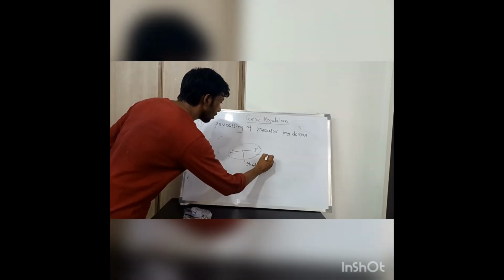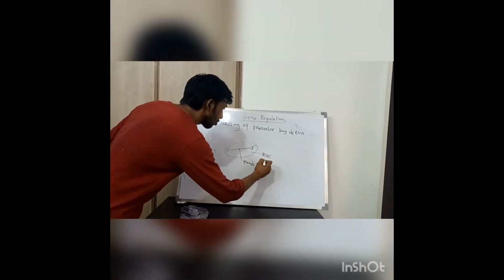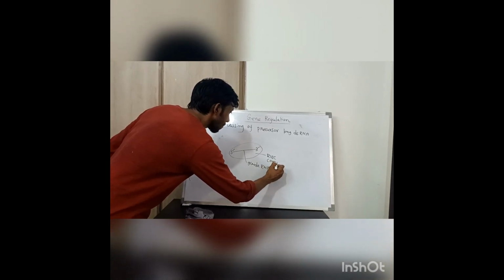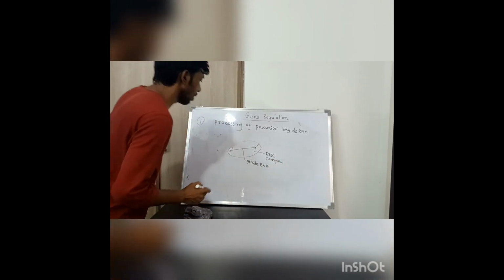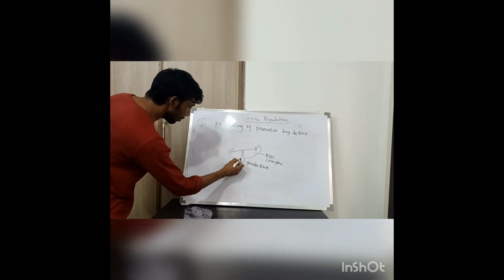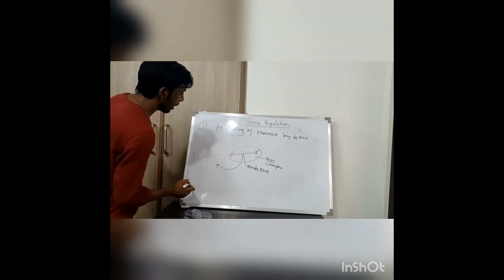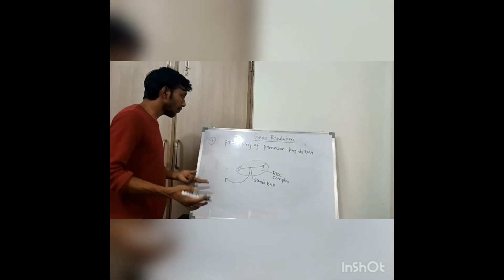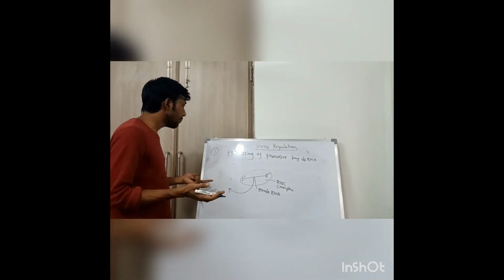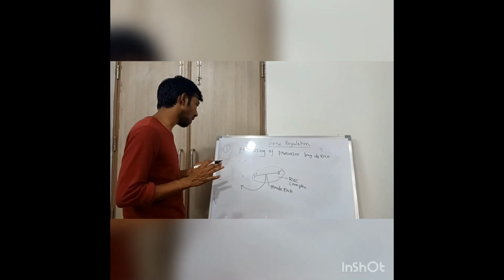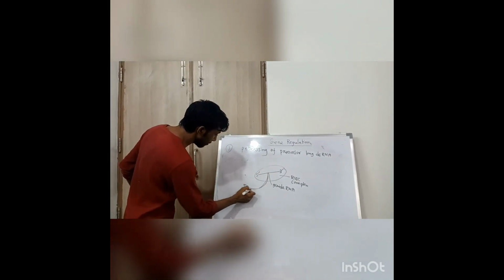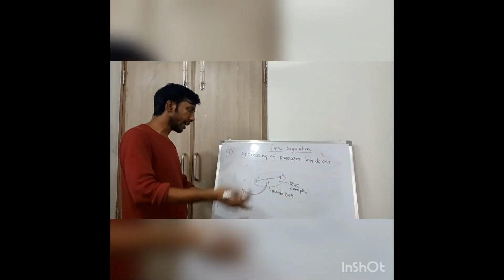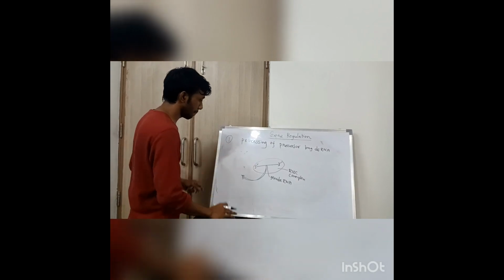This is the RISC complex. Now it will bind to another messenger RNA, complementary to it, and will degrade it, and so on.